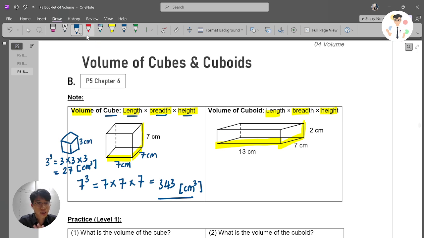Okay, so far so good. But again, what is important is that this does not mean 3 times 3, and 7 cube does not mean 7 times 3. This basically means that I multiply myself 3 times. That's why 3 times 3 times 3.